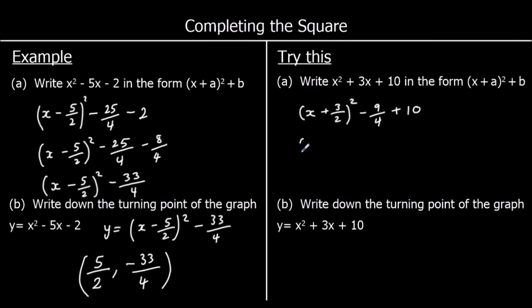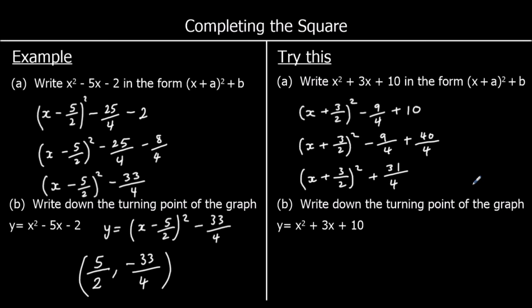So x plus 3 over 2 squared minus 9 over 4 plus 40 over 4. And then we can add the fractions, which is going to be 40 quarters take away 9 quarters is 31 quarters. So x plus 3 over 2 squared plus 31 quarters, 31 over 4.